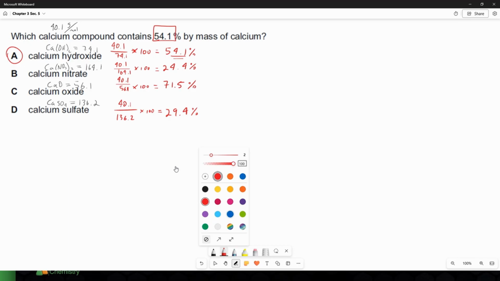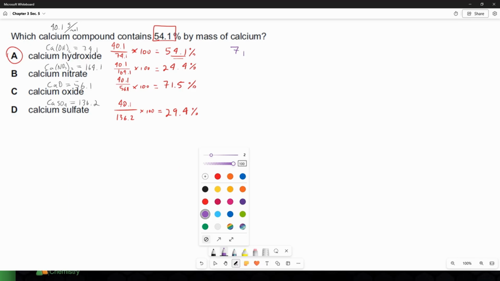Now there's one other way of doing this, which you could choose to use. And again, there is no right way of doing this. Both of these are perfectly fine, which will be to multiply the decimal version of the percentage by the molar mass and see which one gives you the molar mass of calcium. Because that is essentially just rearranging this equation.